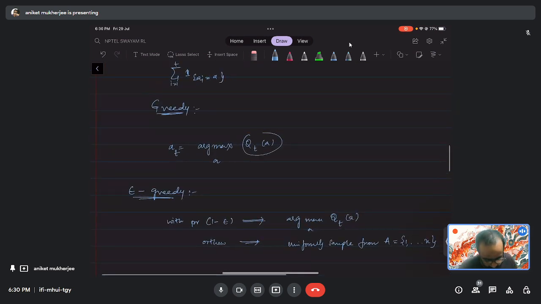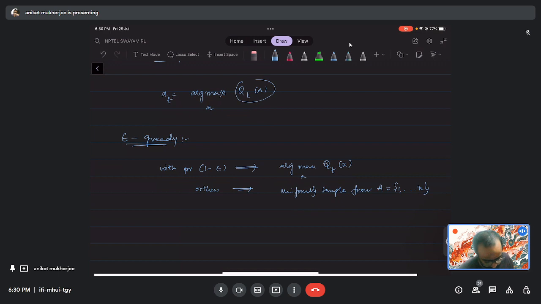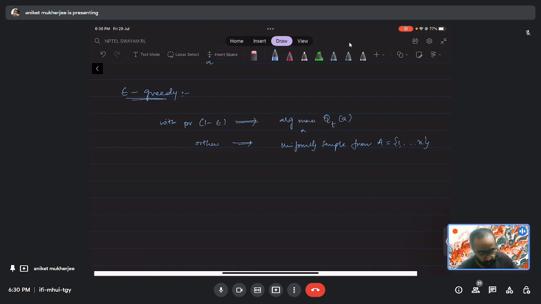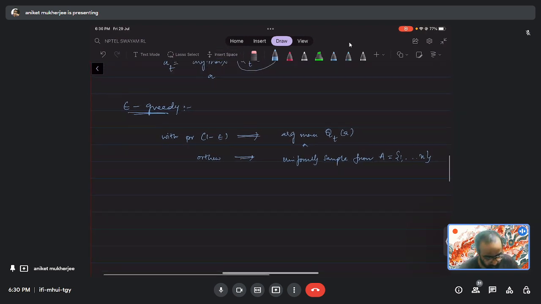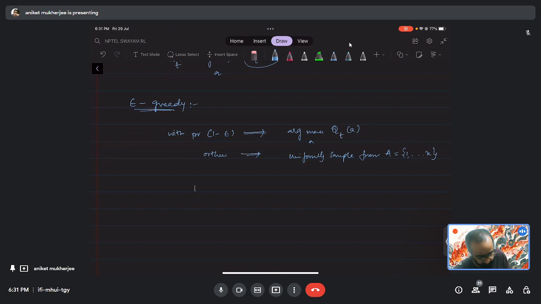So this is your algorithm for epsilon greedy. So here, with probability 1 minus epsilon, okay, so it's not 1 minus epsilon exactly, it's 1 minus epsilon plus epsilon by n, I think.